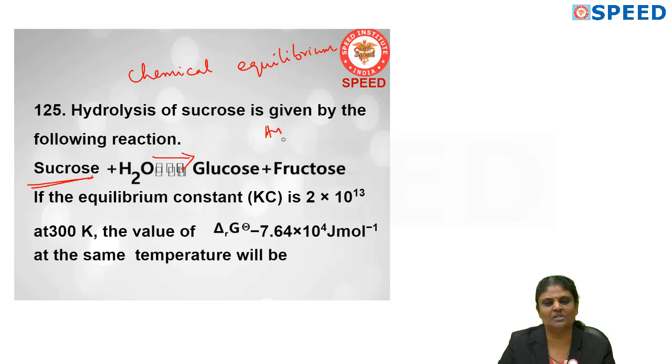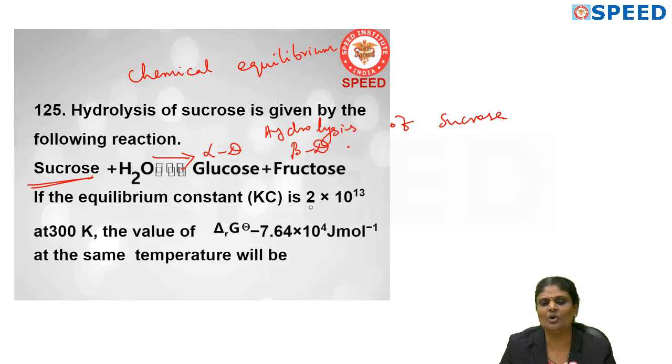This process is hydrolysis of sucrose to give monomeric units, 2 monomeric units. So this is the first question, that is alpha-D-glucose and beta-D-fructose. So that's the answer for the first question.